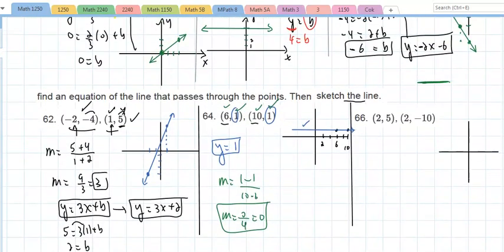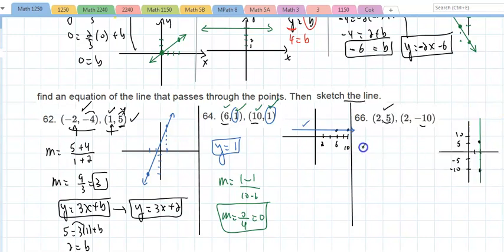And if I look at this graph right here, 2, 5, I notice the y's are really big, so I'm going to go by a 5, 10, negative 5, negative 10, and 2, 5 is right there, and 2, negative 10 is right there. And when I connect this with a straight edge, I realize that this is a vertical line.